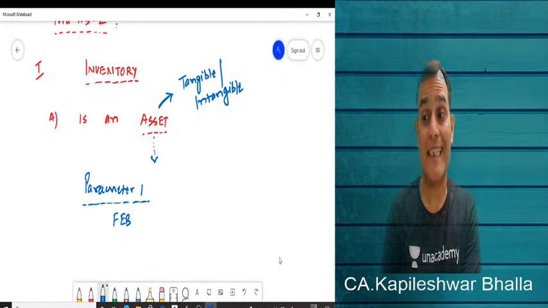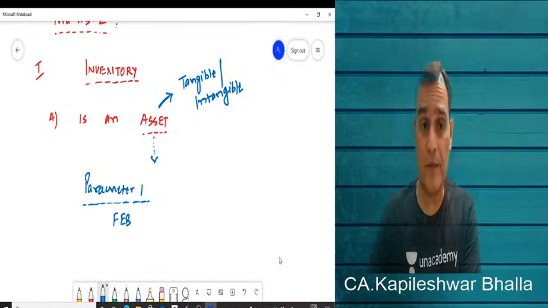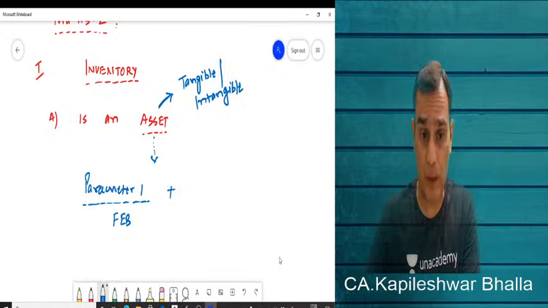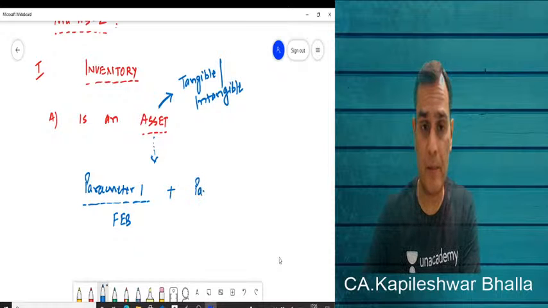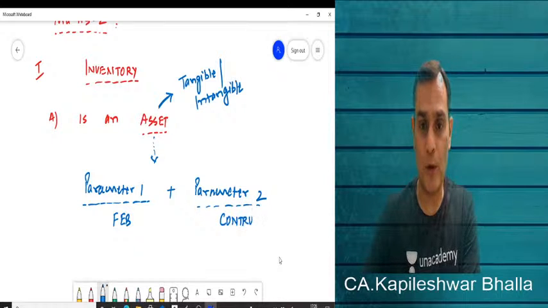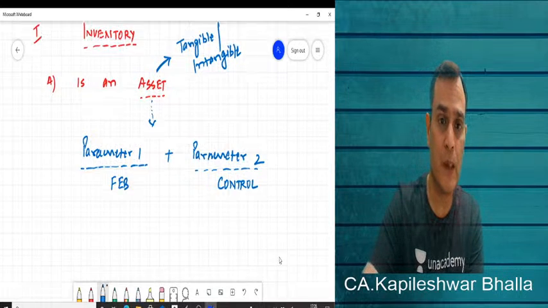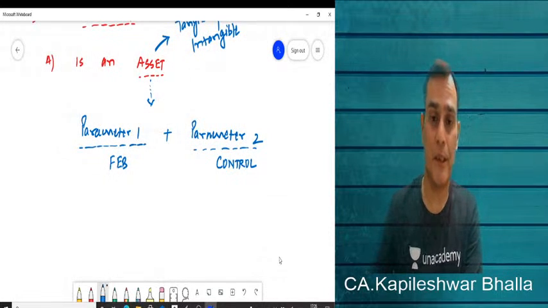Like for example, the sale of the empty bottle was giving you a future economic benefit. Plus, there is a parameter number 2, which is proving that you've got control over those tangible or intangible items.